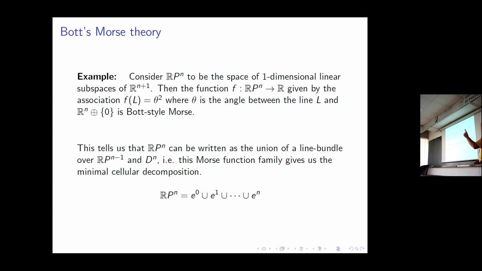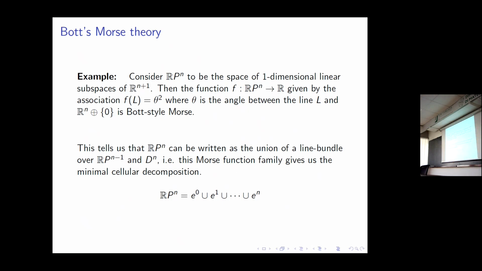You think of that as the space of lines in a Euclidean space. Then the Bott-style Morse function on it is the one where you take the square of the angle between the line and a codimension 1 subspace. And that's a Bott-style Morse function.